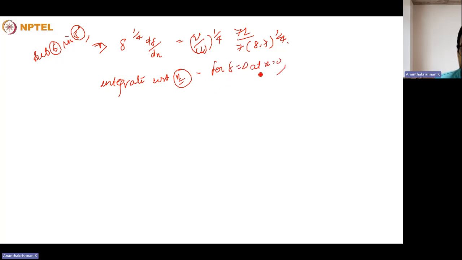That will be the boundary condition. We can actually get the value of delta, and from delta we can back substitute to get the value of the shear stress, because in equation 5 we have a relationship straight away between the shear stress and d delta by dx.